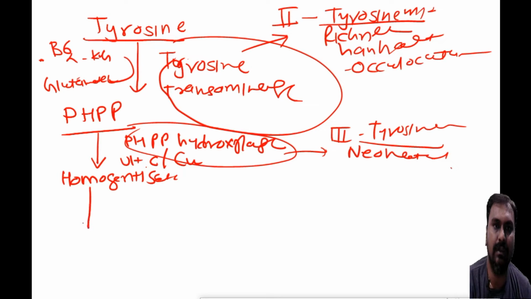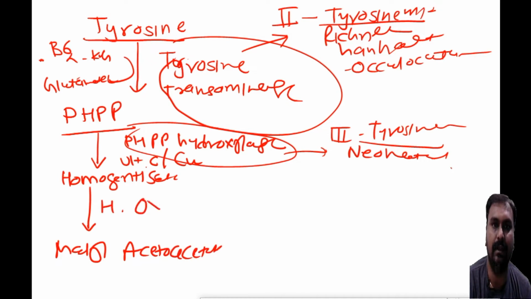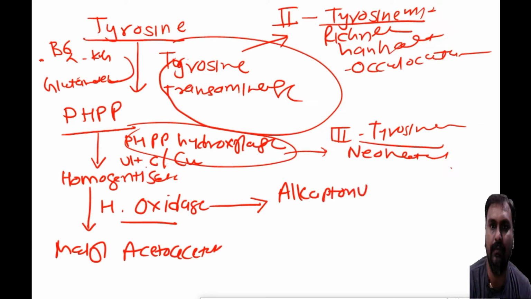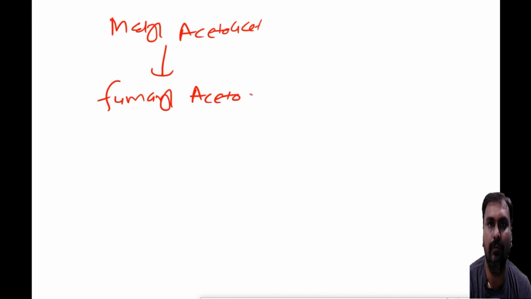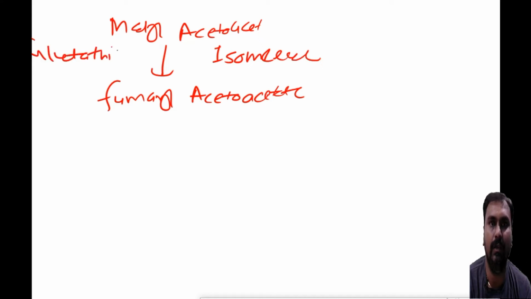Now this homogentisate is converted to maleylacetoacetate. The enzyme is homogentisate oxidase, and if this enzyme is deficient, it leads to alkaptonuria. Then this maleylacetoacetate is converted to fumarylacetoacetate by the isomerase enzyme, which requires a tripeptide called glutathione.